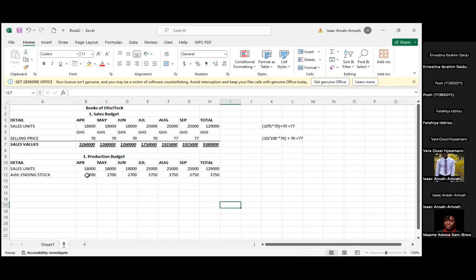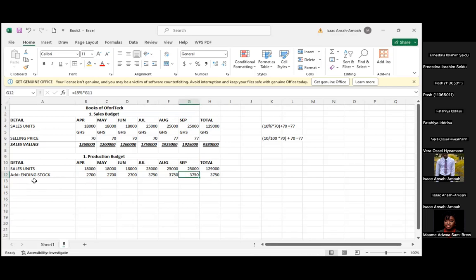We don't add the ending stocks to generate a total. We only consider the final ending stock, which will be the remaining ending stock at the end of the period. So the total that's supposed to sit here is 3,750, and it came from September. So we don't add them.